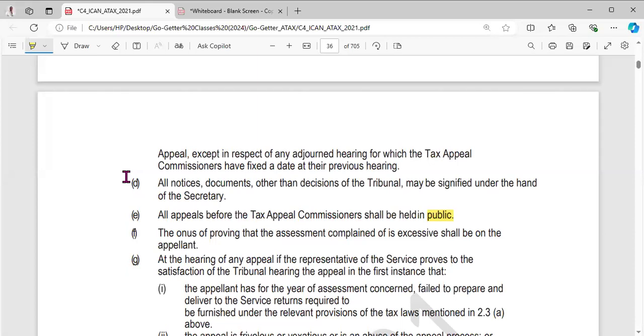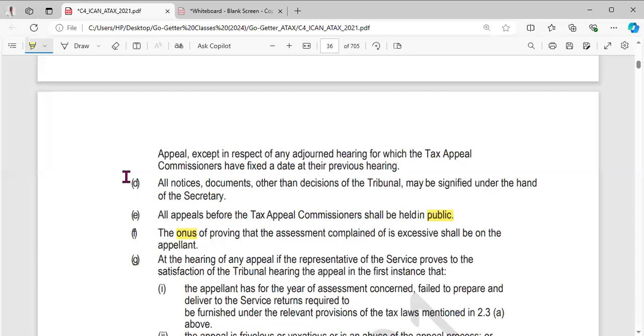Now, the onus, I like that word. Now, the burden of proof, the onus, the burden of proving that the assessment complained of is excessive shall be on the appellant. So you call the tax authority, you drag the tax authority FIRS to the tax appeal tribunal.